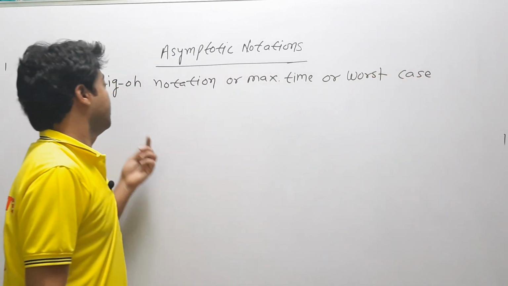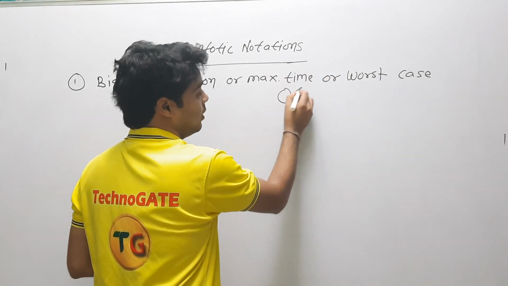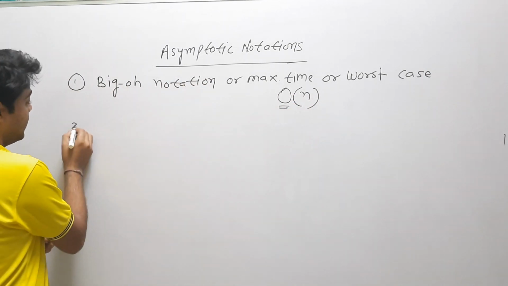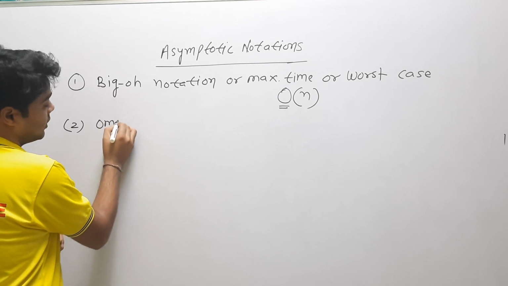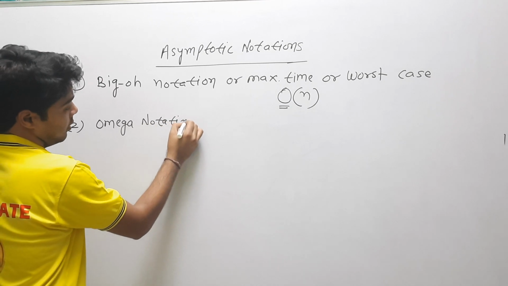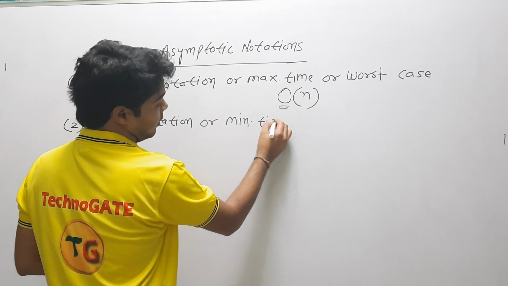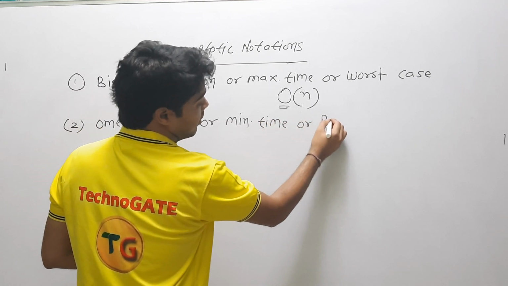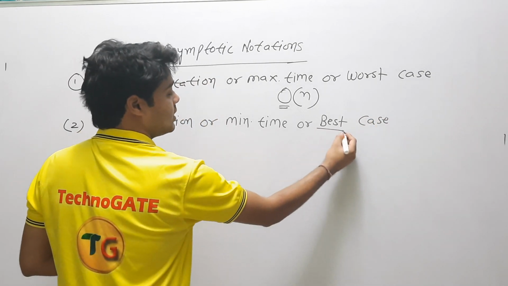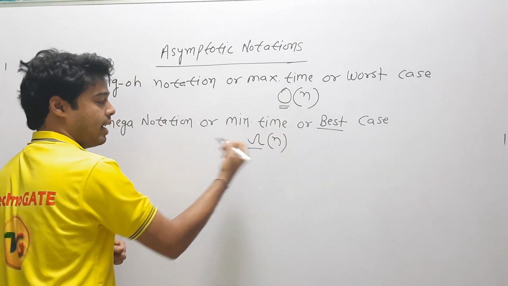Okay, big O notation, maximum time or worst case, and denoted by big O. Second one is omega notation, or minimum time, or best case. So best case is denoted by omega, like omega of n. This one, the big O and omega.